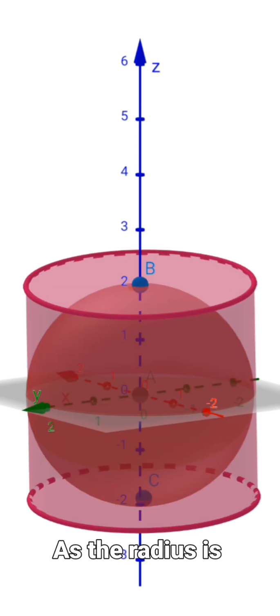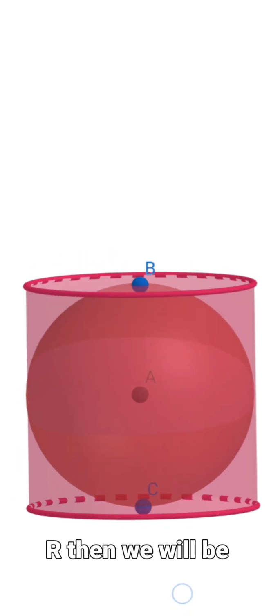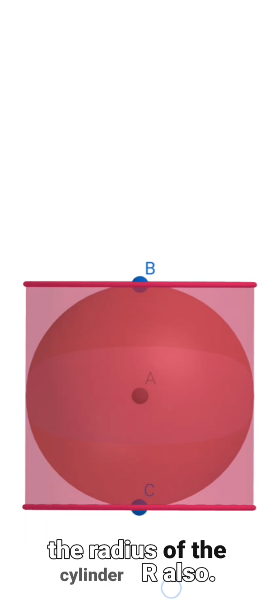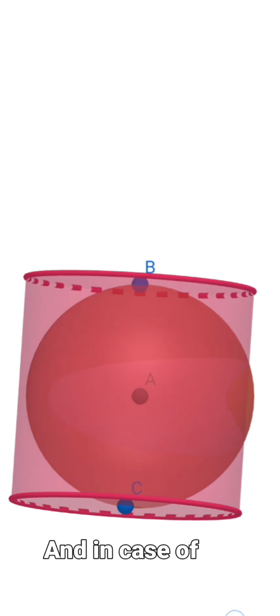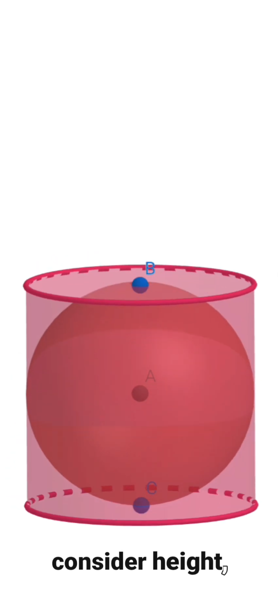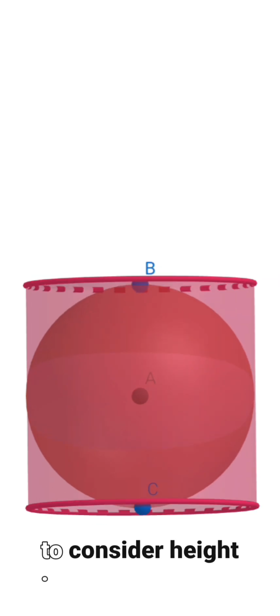As the radius is the same, if the radius of the sphere is r, then we will consider the radius of the cylinder r also. And in case of sphere, we do not consider height, but in case of cylinder, we have to consider height.